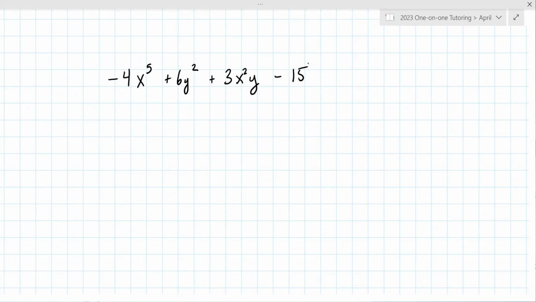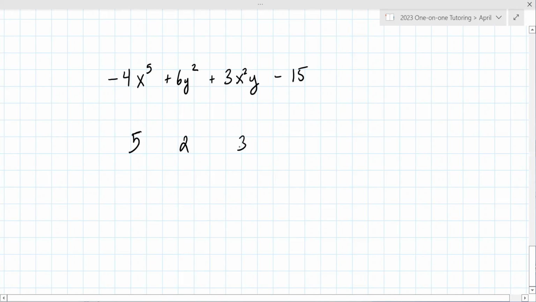And then the highest one is 5, so that one's the degree of the polynomial. Is the degree of each term 5, 2, 3, 0? You got it. And which is the degree of the polynomial? 5. Good. Any questions on that? Nope. All right.